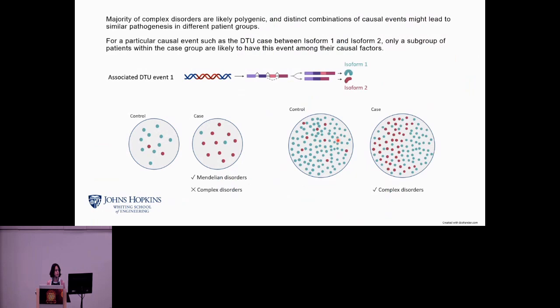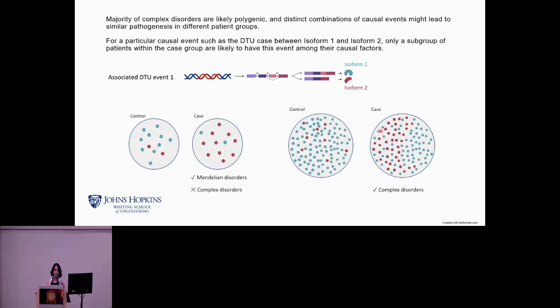So when you look at that first gene, all of the individuals here are color-coded based on their dominant isoform. In the simple Mendelian case, you have the shift from isoform 1 to isoform 2 in the entire case group.